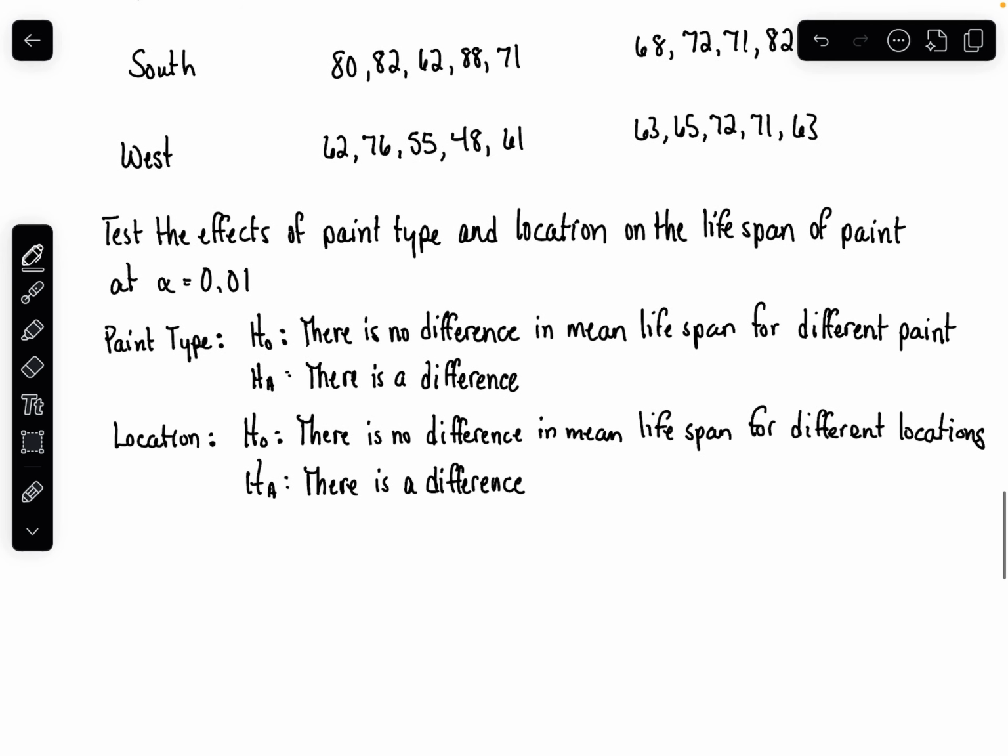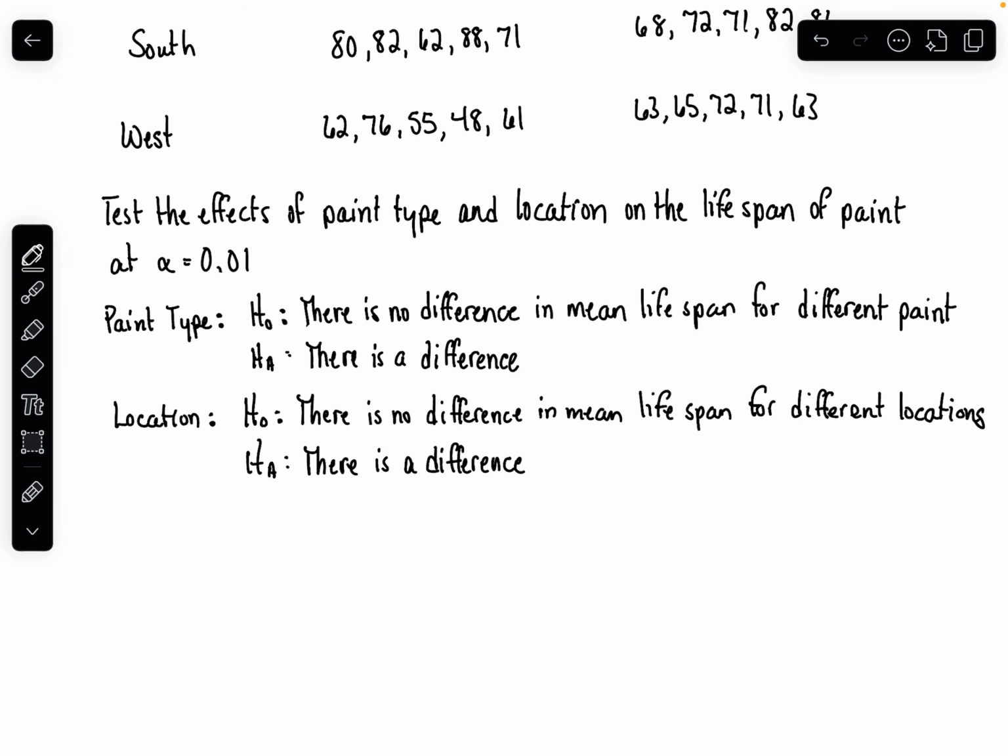We have one remaining set of hypotheses then, and that is on the interaction between them. That is to say, instead of just looking at paint type and not caring about location, or just looking at location and not worrying about paint type, we now need to consider both at the same time. When we were talking about paint type, we basically had two groups, because regardless of region, we looked at all of the enamel paint, and regardless of region, we looked at all of the latex paint.